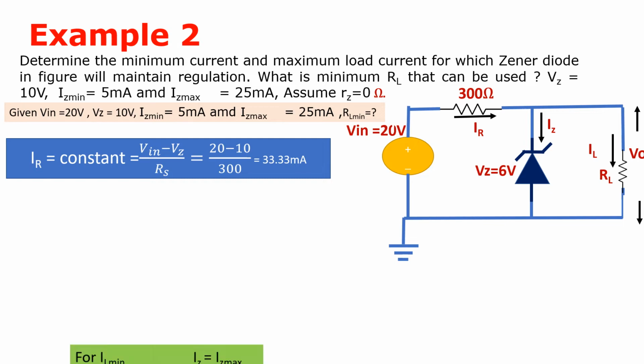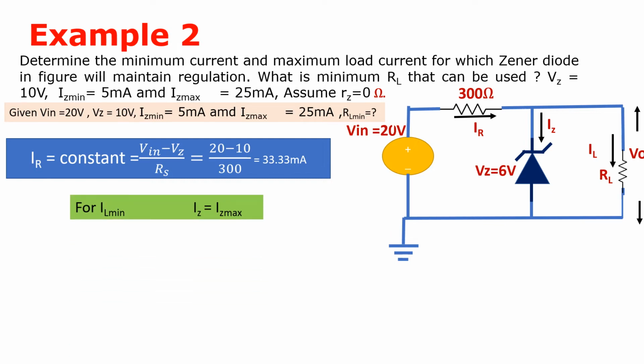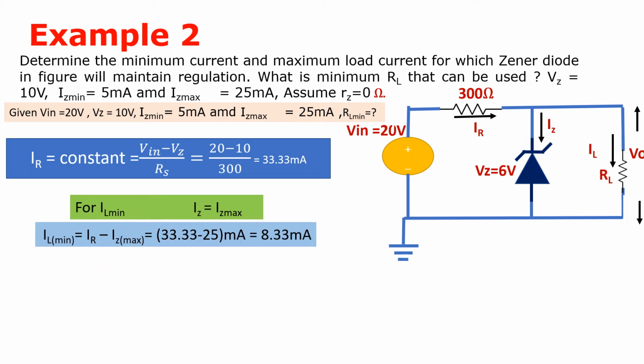It will come to 33.33 milliamps. For the case that minimum load current is flowing, IZ will become IZ max. So the minimum load current will be given by IR minus IZ max. We already calculated IR, and we know from the given parameters that the maximum Zener current is 25 milliamps.